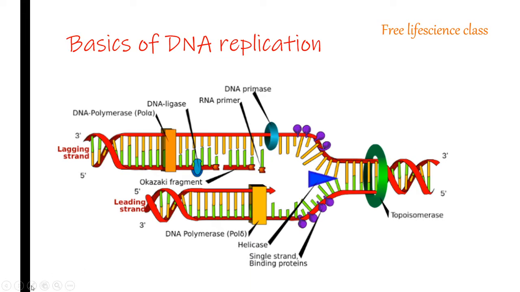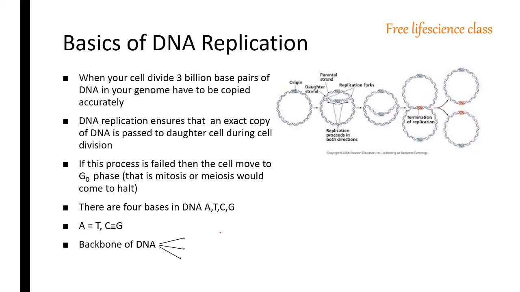So you know that DNA replication is the process of making a new copy of the DNA itself. Your cells divide every day, and there are 3 billion base pairs of DNA in your genome. It should be copied accurately so that the new daughter cell will get the same copy of the DNA, isn't it? So this is a cell.